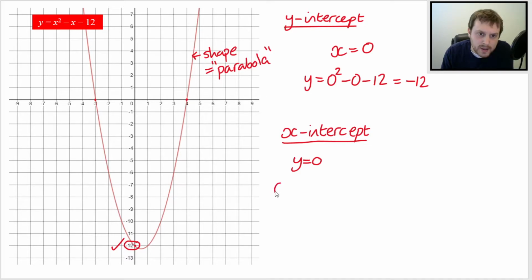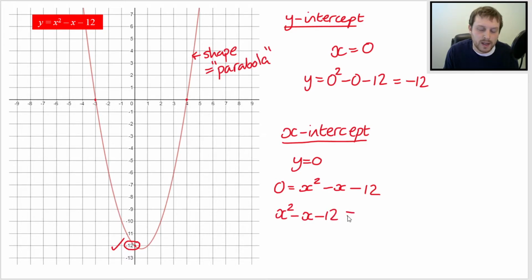So I'm going to write 0 equals x squared minus x minus 12. And then I will just say right now, normally when you're solving a quadratic equation, you write this bit on the left-hand side and you make it equal 0. So I am just going to quickly do that. I'm going to write x squared minus x minus 12 equals 0.